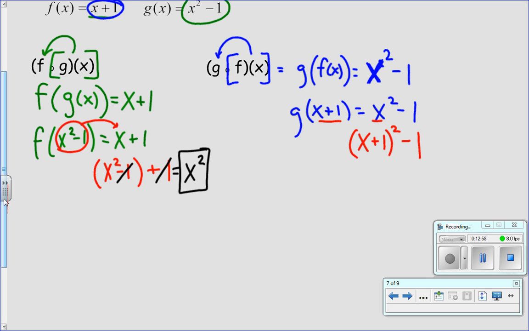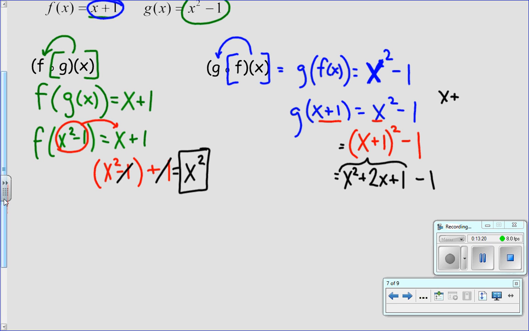You get x squared plus 2x plus 1. And then you still have your minus 1, right? So you get x squared plus 2x. Just to reiterate, this comes from foiling this here.